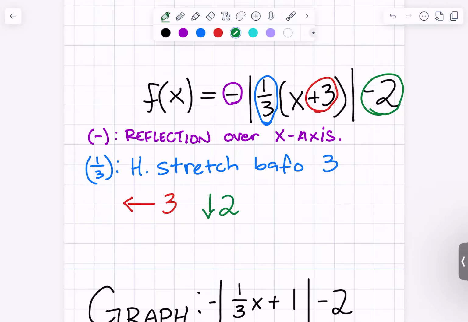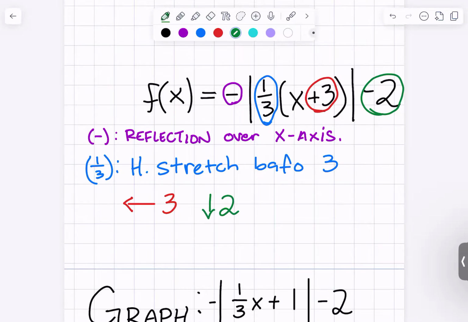That's shorthand for horizontal shift to the left 3 and then the vertical shift down 2. The arrow already tells me that it's shifting. Does that make sense? Question?